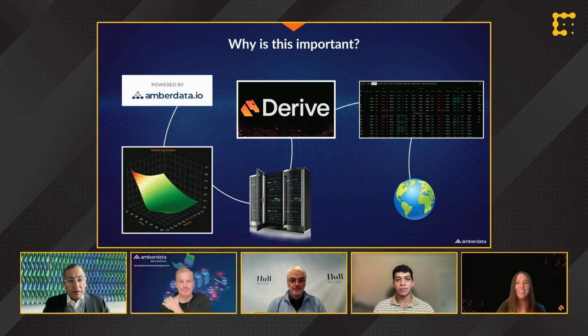Well, how do you work with Amber Data generally, because I think this project sounds like it was in the context of other things that you rely on them for. Yeah, so we've been partnered with Amber Data for some time now. We use them in a number of areas. First, we consume a ton of different data from them. We use them for volatility feeds. We use their spot feeds.